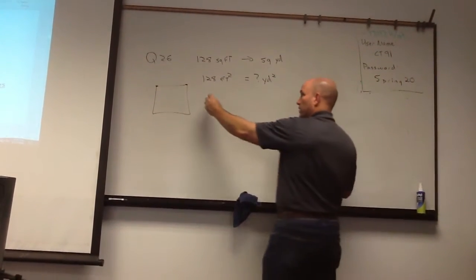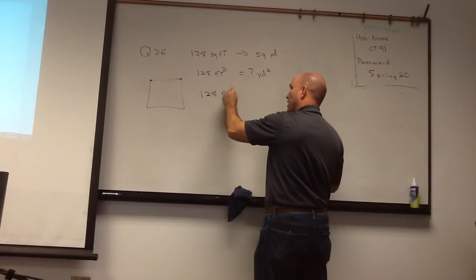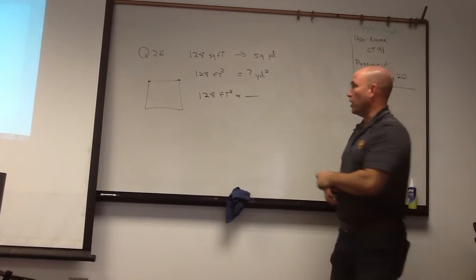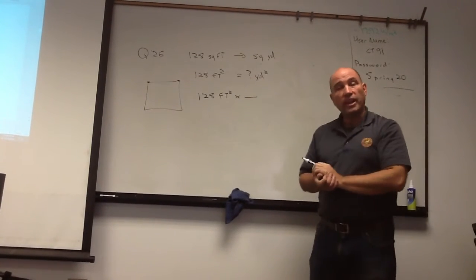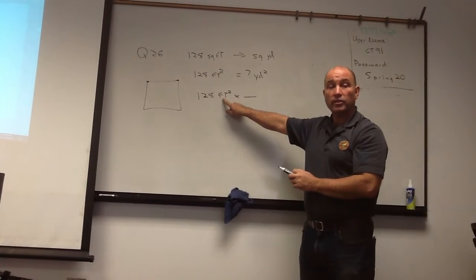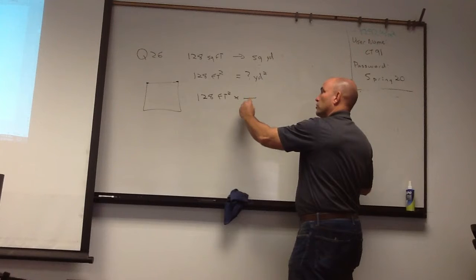Well, the fast way to convert it would be to go to a table or just memorize the fact that there are 9 square feet in a square yard, right? So you could say that. And where am I going to put the feet at? Well, this is up here, so where should I put the square feet at? On the bottom, right?